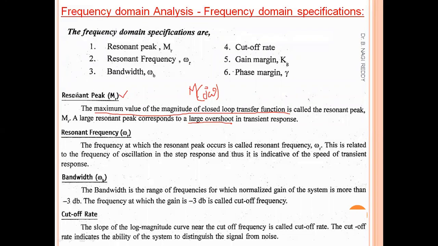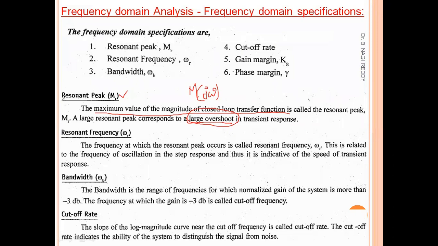Resonant peak is nothing but the maximum value of the closed loop transfer function's magnitude, right? And the resonant frequency is the frequency at which this happens.